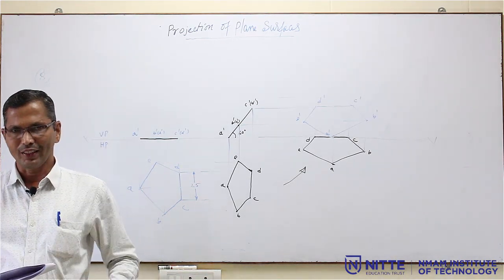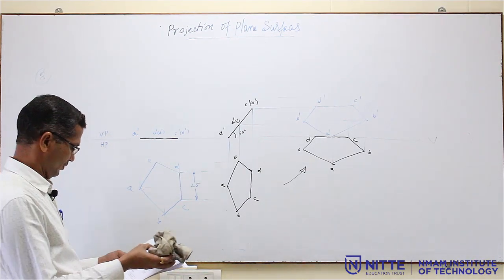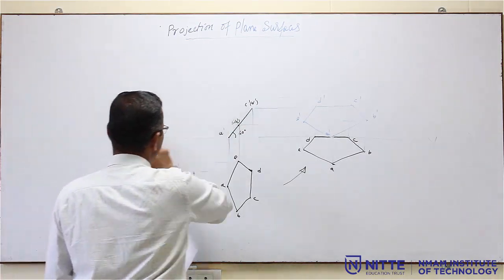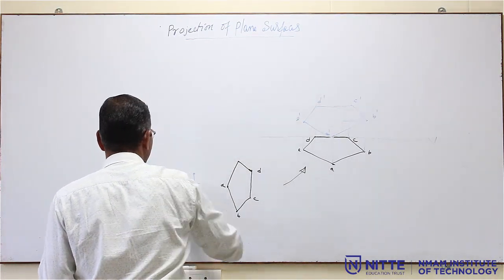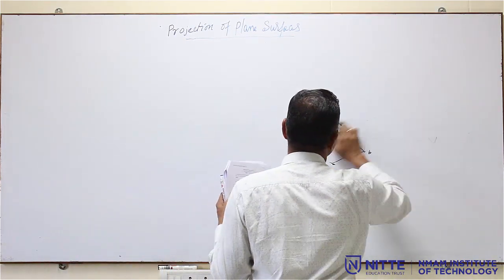Now we will go for the next problem, problem number 9. Ninth problem in the question bank. It is about the hexagonal lamina.